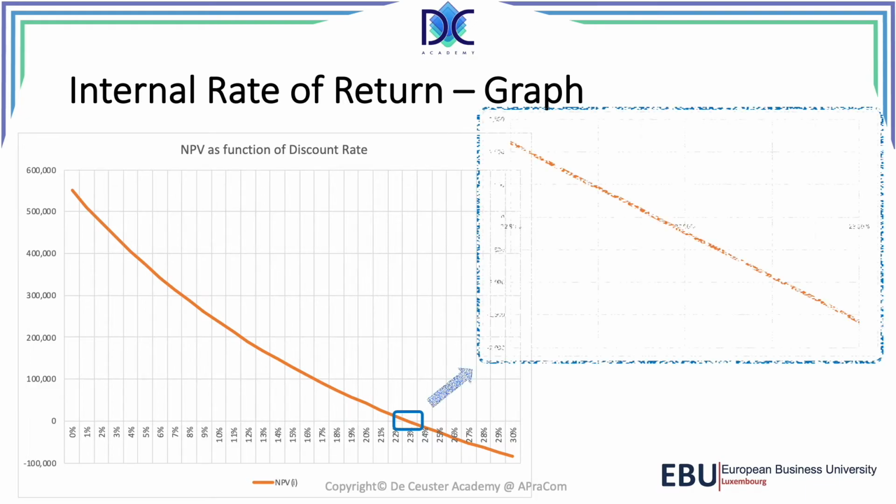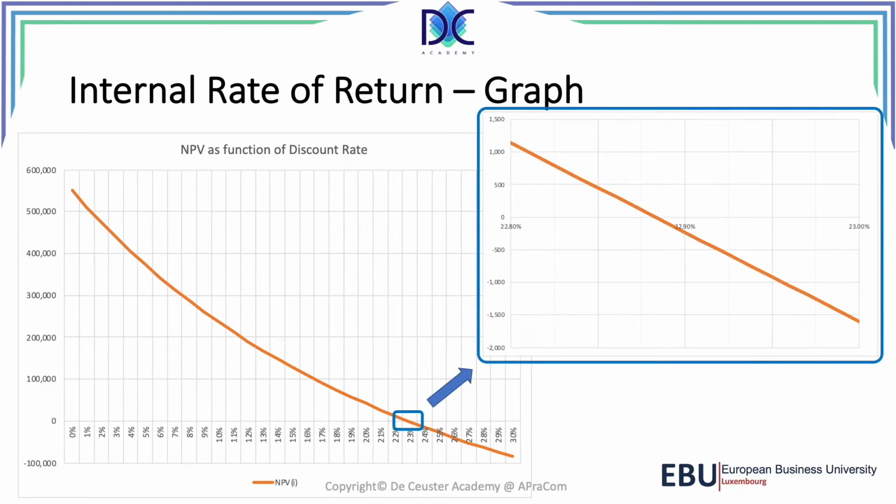When we look at the graph at the 0, this is the point where the net present value is equal to 0, and the discount rate that corresponds with it is 22.8830%.